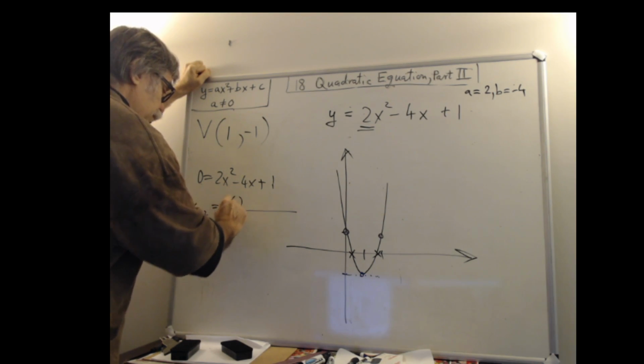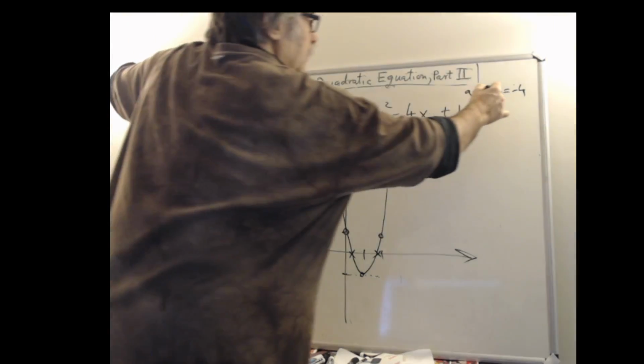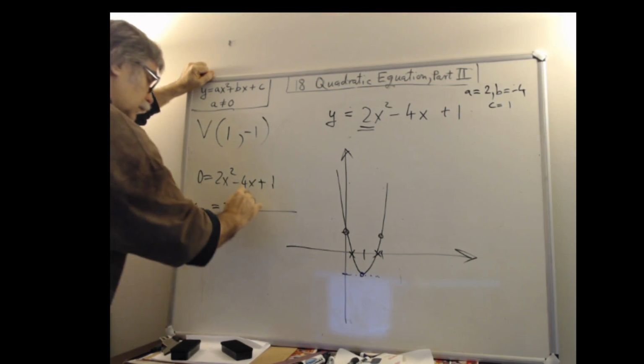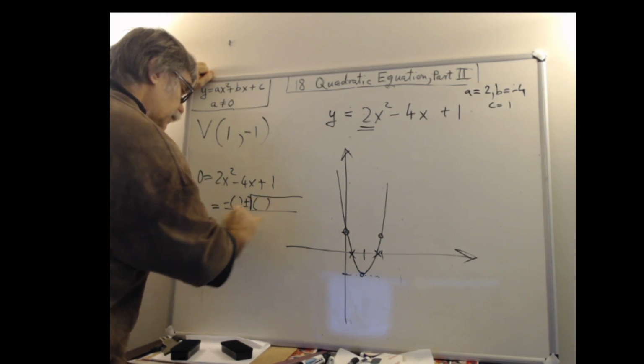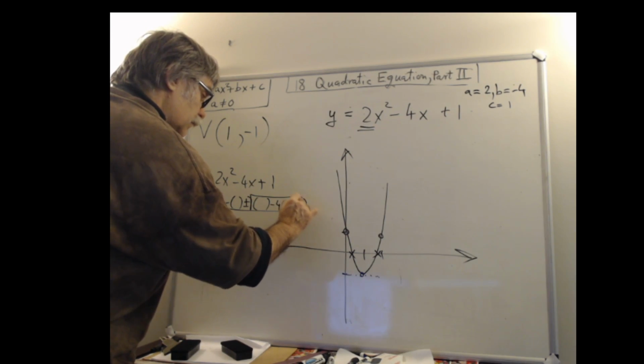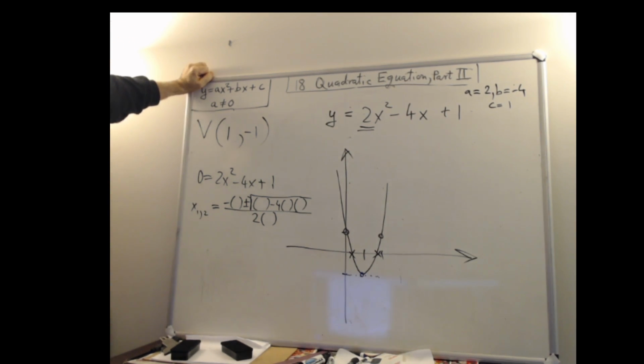Minus b plus minus. So I have c here being 1. Radical b squared minus 4ac over 2 times a. A goes in 2 places.